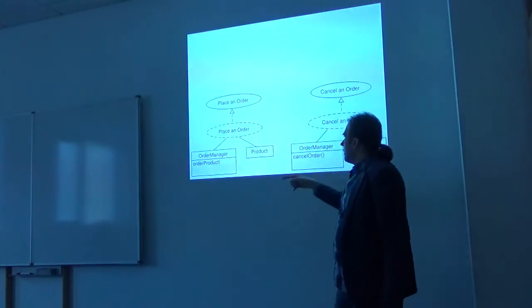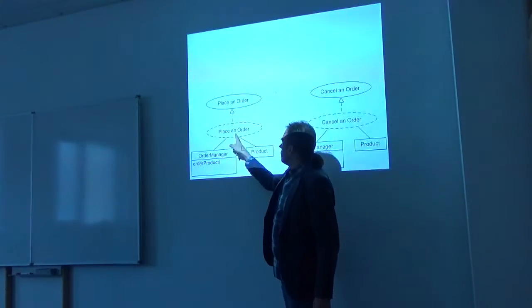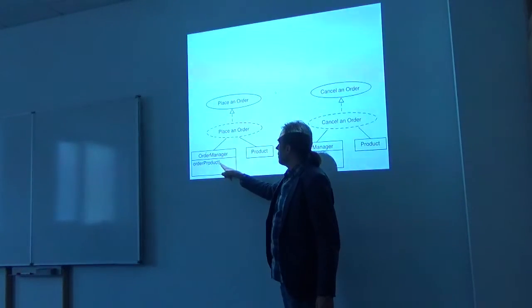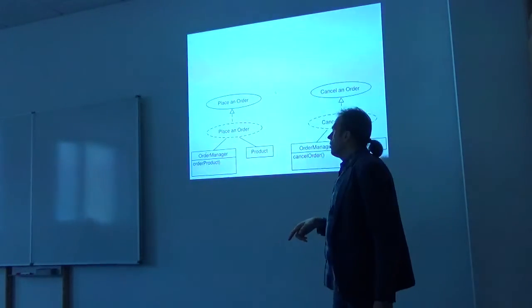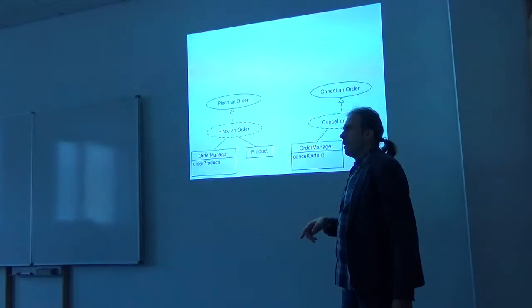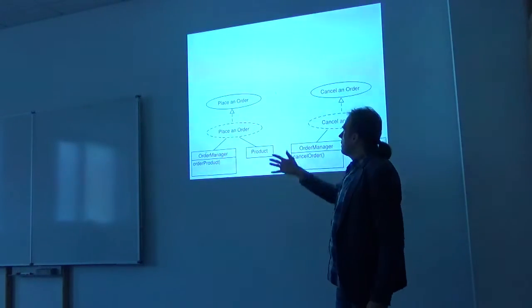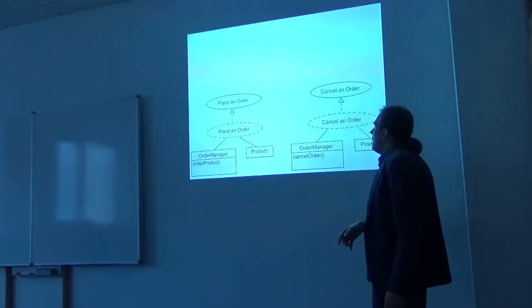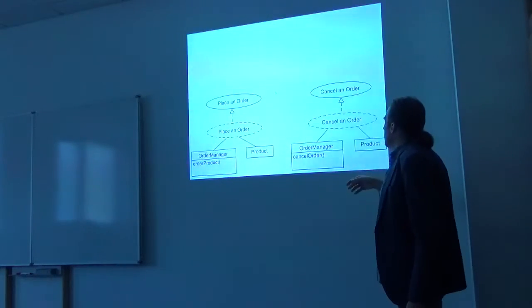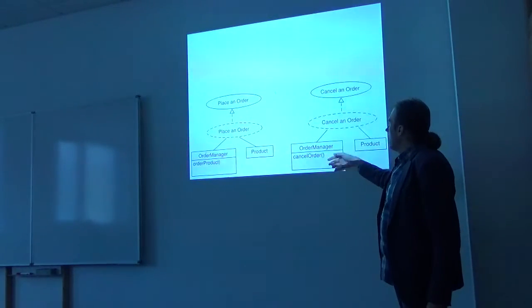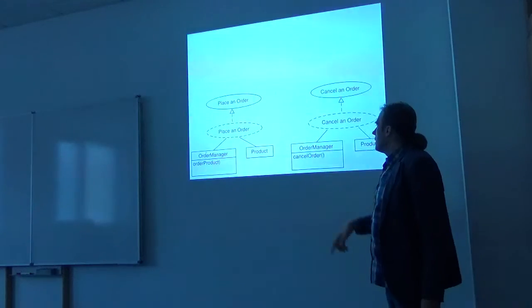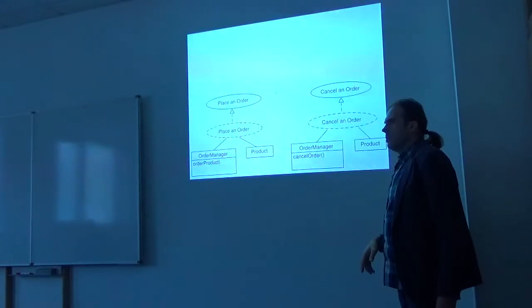For us, in this use case, place an order, in the order manager it's important to have this behavior, order product, because it's ordering. In canceling an order, we also consider this order manager, but it's important for us to have canceling an order.